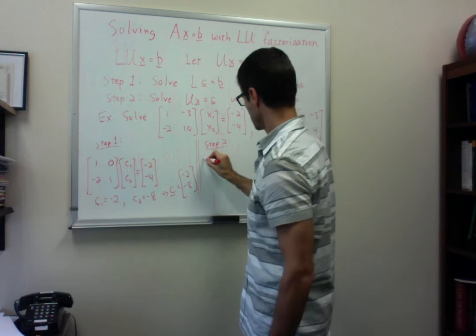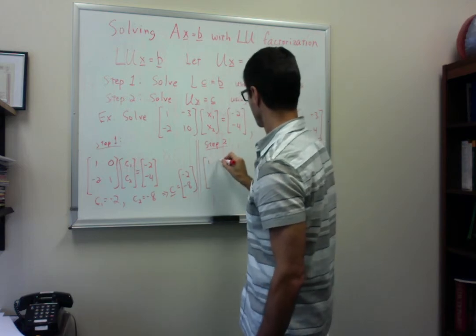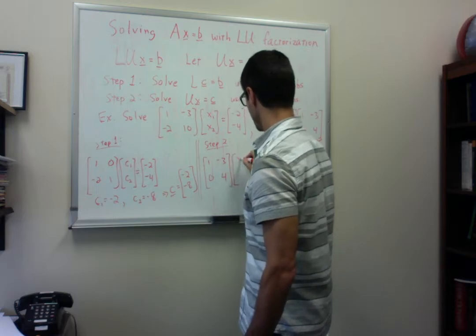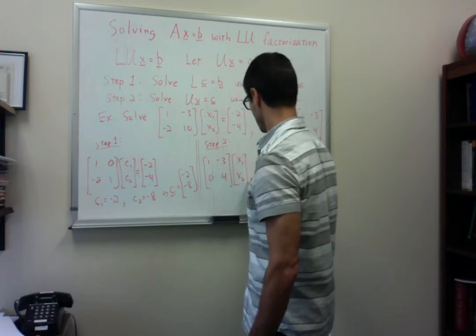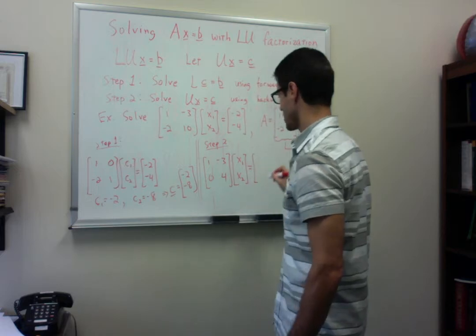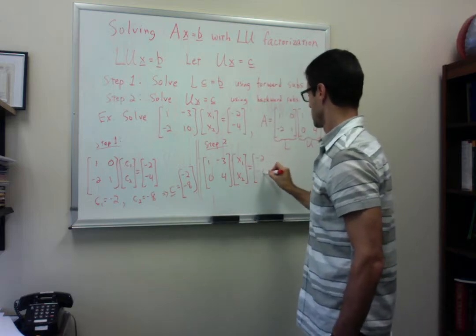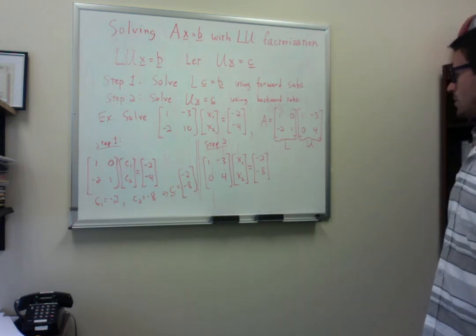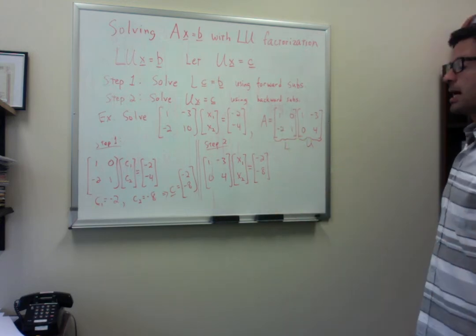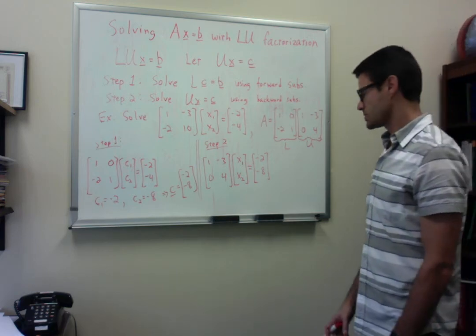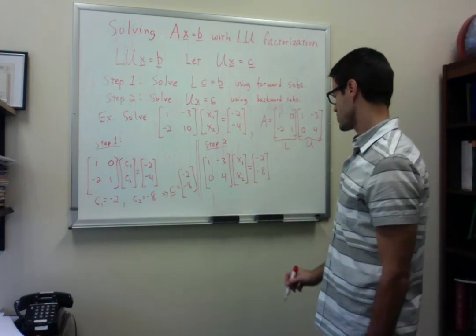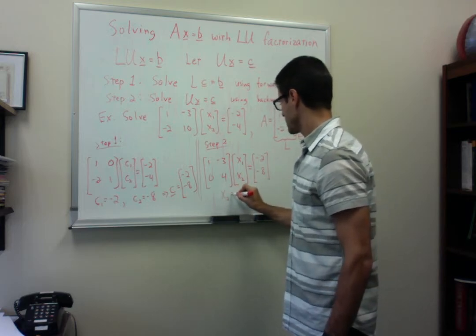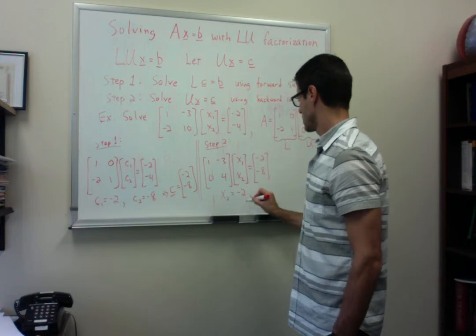And so U is our upper triangular matrix that looks like this. X is the unknown that we are really trying to find. And we set this equal to C. That looks like that. And here it's the backward substitution. And so we can solve for x2 rather easily. That equation down there gives us x2 is minus 2.